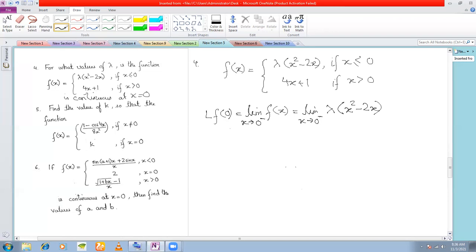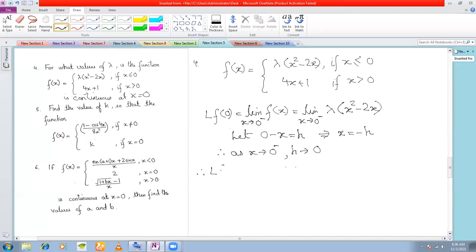Okay, so now how do you evaluate this? Again, to evaluate this left hand limit, you can put 0 minus x is equal to h. That means you put x is equal to minus h. Therefore, as x tends to 0 minus, h tends to 0.